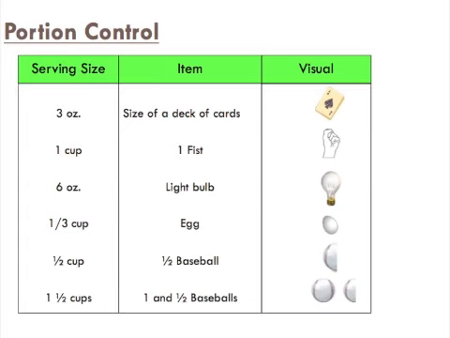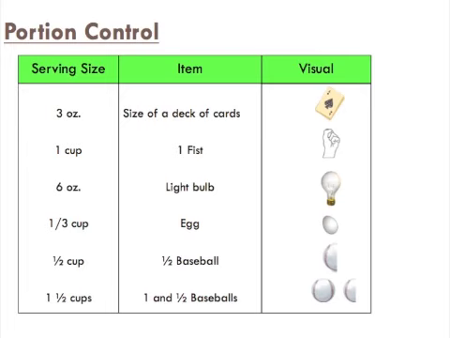I like to use visuals to teach people about portion control. Most people don't need any more than 3 or 4 ounces of meat at a meal, and that's the size of a deck of cards. Or use your fist as a reference to determine a 1 cup portion size. A light bulb would be about the same as a 6 ounce portion size. A large egg would be about 1/3 of a cup, and so on and so forth.